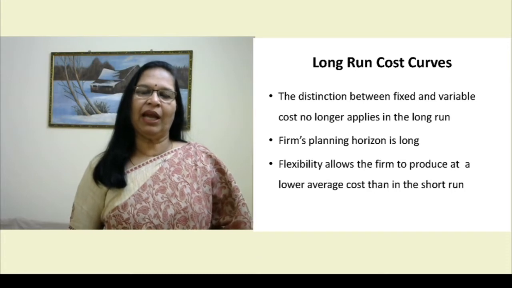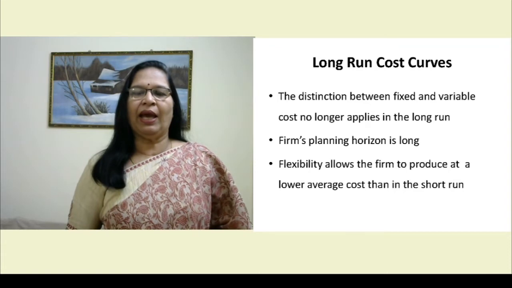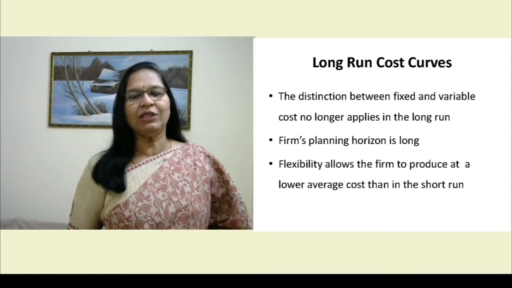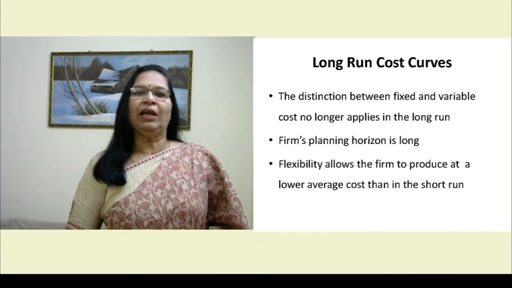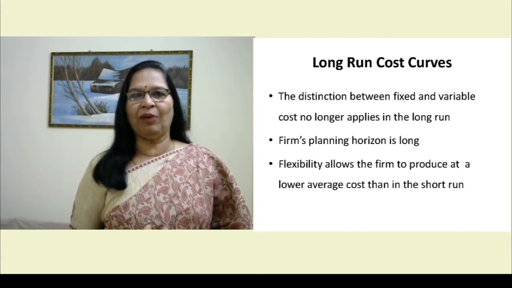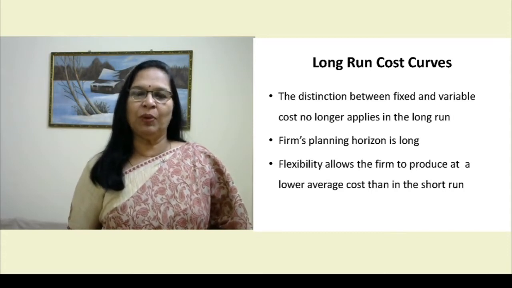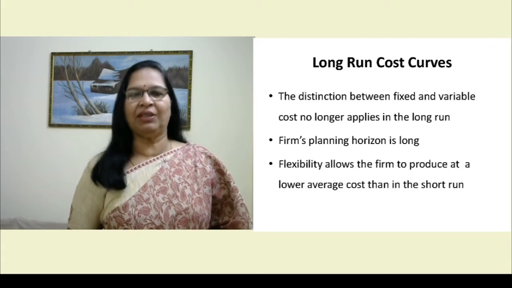The firm can plan for its long period, and this long period gets sliced into smaller, shorter periods, which is what we studied as the short run cost curves. The long run period for a firm allows the firm to become very flexible. It can decide to work at a lower average cost than that happened in the short run.